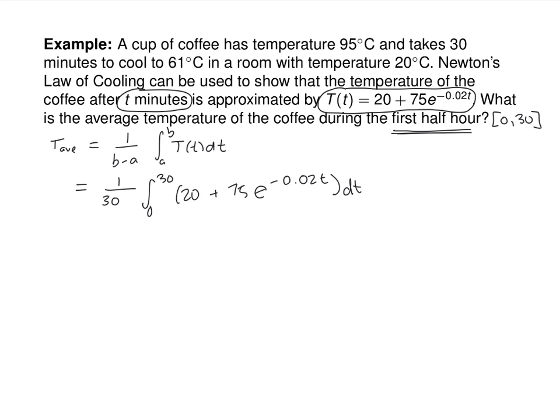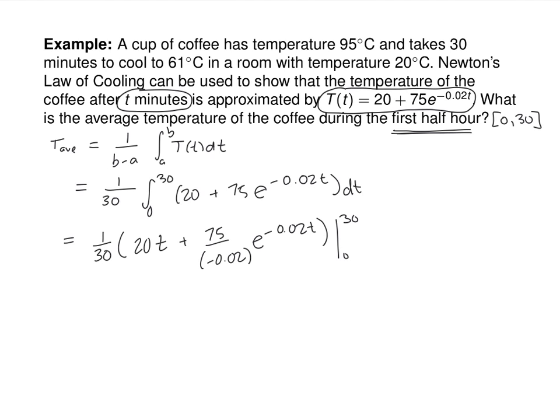All right, now anti-differentiate, and we'll get 1 over 30, 20t plus 75 over negative 0.02 e to the negative 0.02 t, evaluated from 0 to 30.